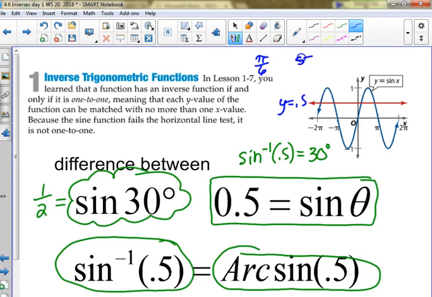Pi over 6 and 5 pi over 6, right? And does anybody remember how we said all coterminal angles with that? Plus or minus 2 pi n. Okay, that's the next chapter, but this is different than this. This has only one answer.